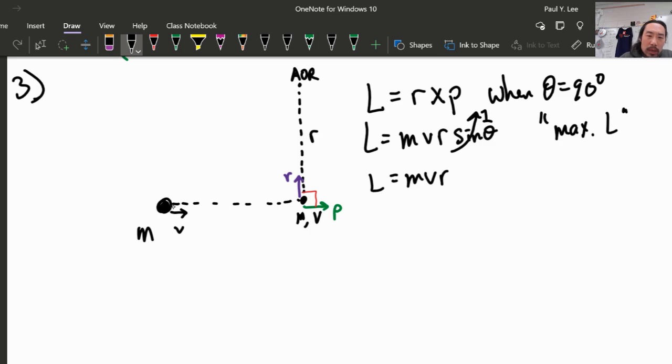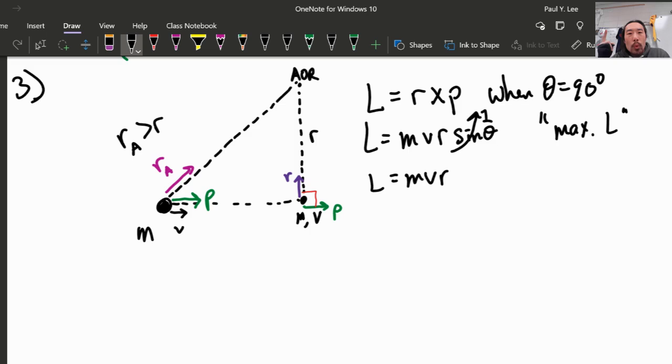And so we can say that here, this object still has a forward momentum, but our radius is different. If this is our radial vector, let's call this RA, and this is r, just regular r. We can now say that RA is greater than regular r.